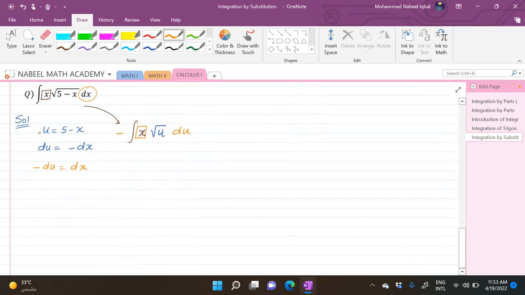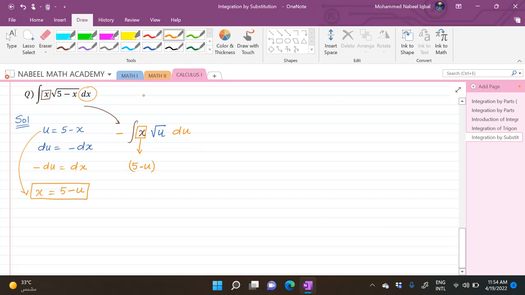So I will take this one, u equal to 5 minus x. From this I can calculate the x value. Bring the x here, the minus becomes plus. 5 will be the same. Here plus u, if you move that side, it becomes minus u. Now you can convert the x in terms of u. So I will replace x here as 5 minus u.